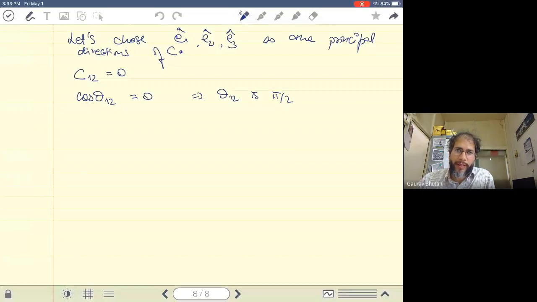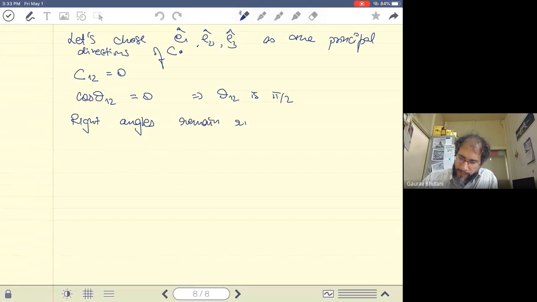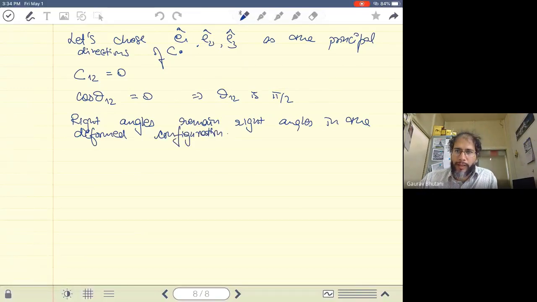So what we see is that if you start with perpendicular directions E1 and E2, they stay perpendicular. So right angles remain right angles in the deformed configuration. Okay.